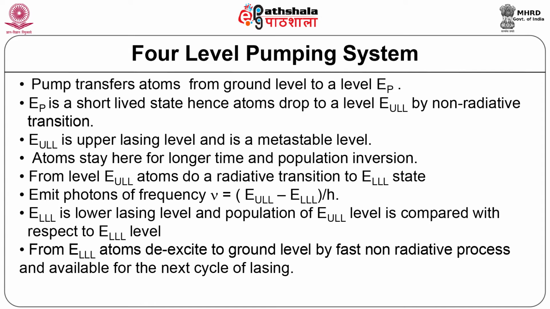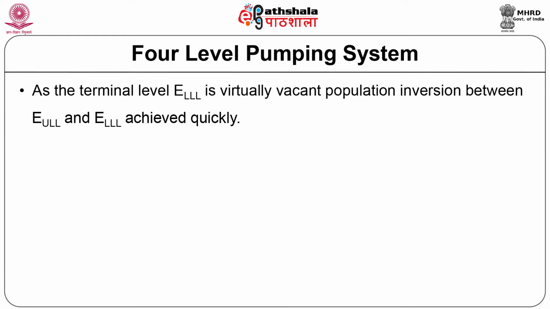From ELLL, atoms de-excite to ground level by a fast non-radiative process and are available for the next cycle of lasing. As the terminal level ELLL is virtually vacant, population inversion between EULL and ELLL is achieved quickly.